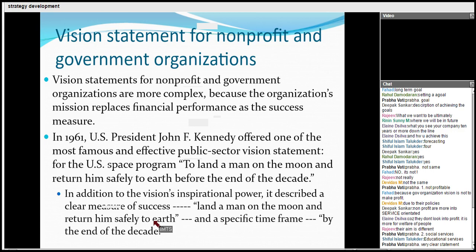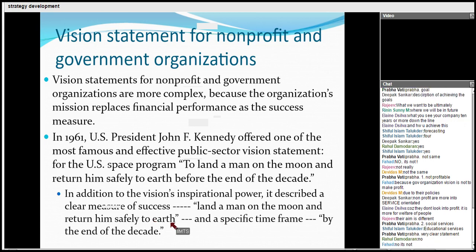It's not a success, because he clearly says they have to land a man on the moon and return him to Earth, and a specific time frame. By the end of the decade. So if by the end of the decade they have not landed a man on the moon and returned him safely to Earth, then they can say they have failed. So this is an example of an excellent public sector vision statement.